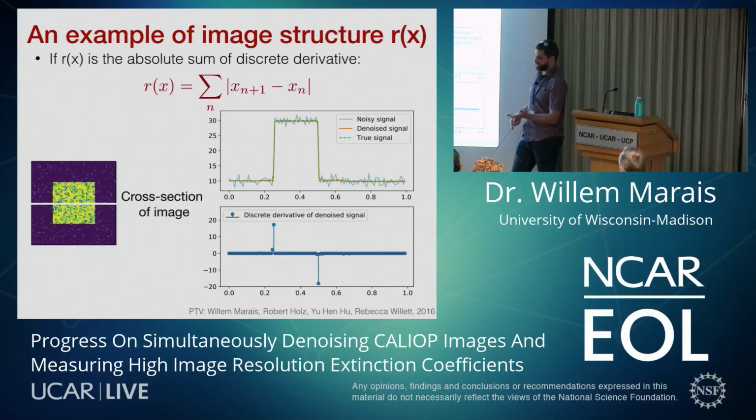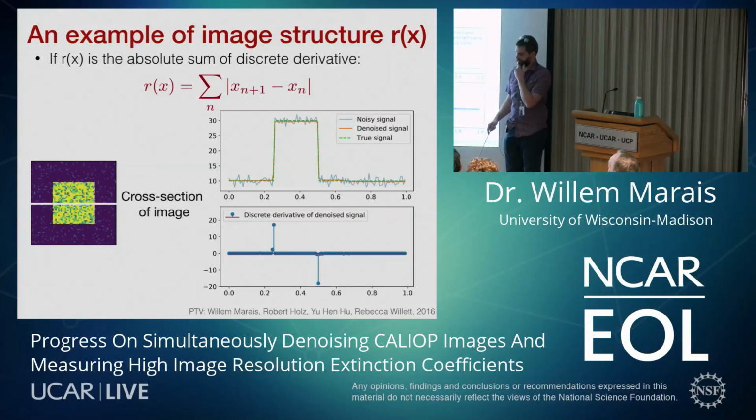One way of doing that is to say my regularizer term is the summation of the absolute values of the discrete derivative of the signal you're trying to estimate. Depending on how much weight you put on the regularizer, it promotes that your discrete derivative has more zero points compared to the points that are non-zero. So in other words, in signal processing, we say that we induce sparsity on the discrete derivative of the signal we're trying to estimate.